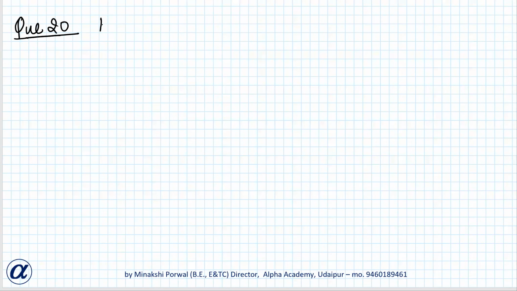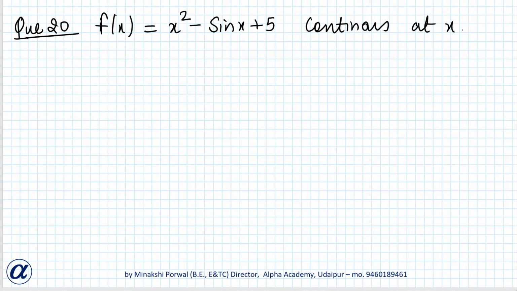Is the function defined by f(x) = x² − sin x + 5 continuous at x = π?